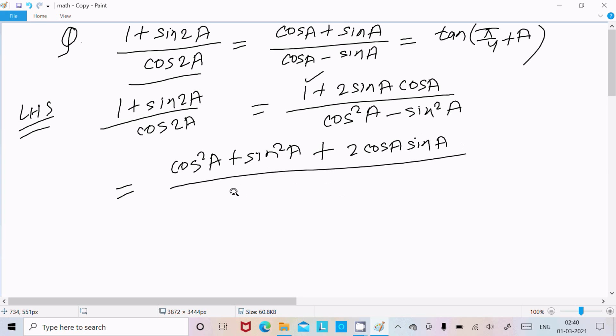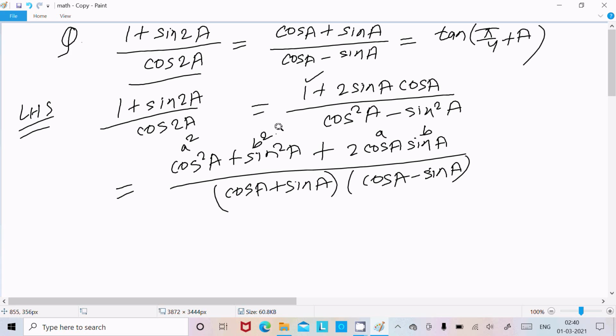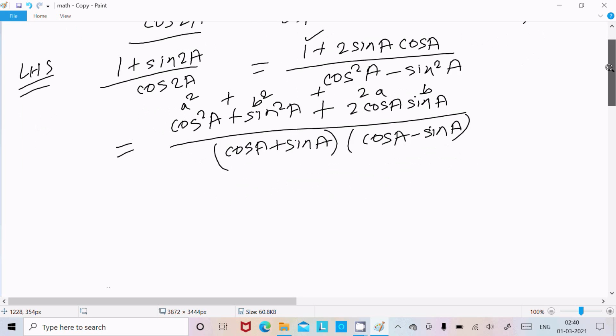And this one, cos² a − sin² a, we can convert using a² − b² = (a + b)(a − b), that is (cos a + sin a)(cos a − sin a). Now in the numerator, cos² a is there, sin² a is there, and 2ab is there, that is (a + b) whole square.